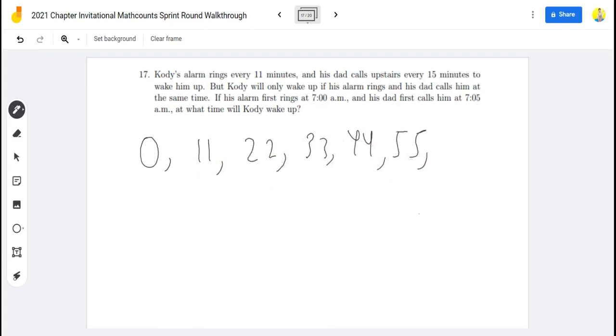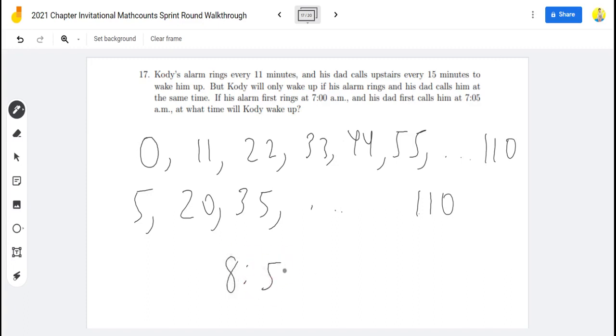And his dad calls him 5 minutes after 7 a.m., then 20 minutes after 7 a.m., and then 35 minutes after 7 a.m., and so on. And we see that these two times collide at 110, since 110 has a remainder of 5 when divided by 15. And 110 is also a multiple of 11, meaning that he wakes up 110 minutes after 7 a.m., and that means that he wakes up at 8:50 a.m.